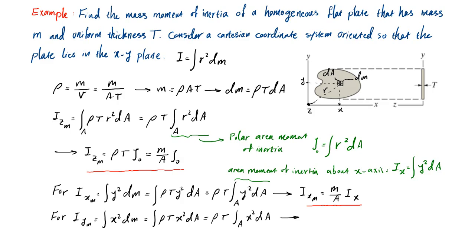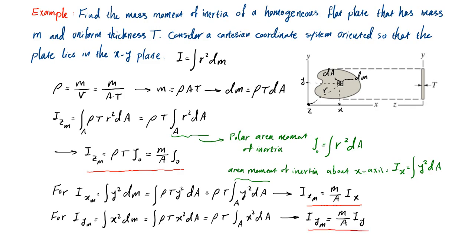Now this is the definition of the area moment of inertia about y-axis. This is what you had before in statics. So just replace that, and you'll get the mass moment of inertia about y-axis is equal to m over A times the area moment of inertia about y-axis. That would be the last one.